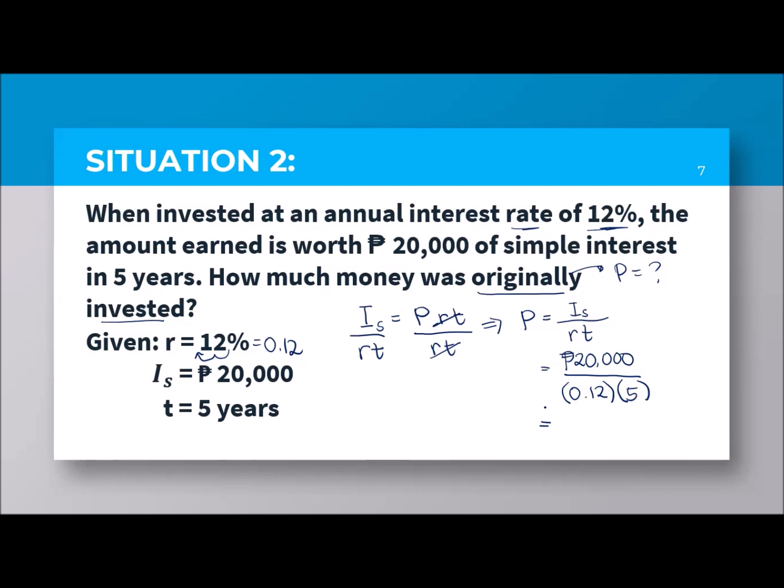So, the answer there is 33,333. So, 33,333.33. Don't forget to round it off into 2 decimal places. So, we could now answer it.